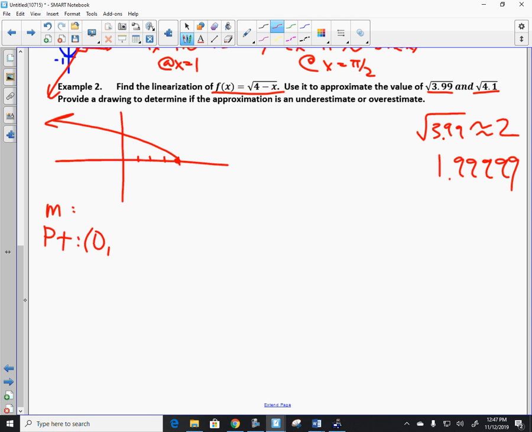Because 4 minus 0 is 4, and that's really close to 3.99 and 4.1, right? Also, if we plug in 0, can you find the square root of 4 minus 0? What is it? 2.